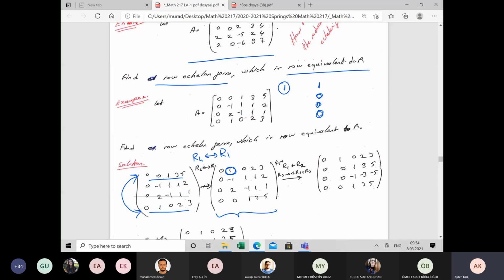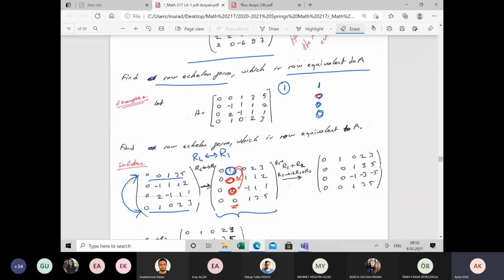This one should be 0, this one should be 0. We have 0 here, so we have to apply two more operations to get 0 here and 0 here. How to get 0 here? I think it will be better to use the leading one, and then we get 0, 0 here.